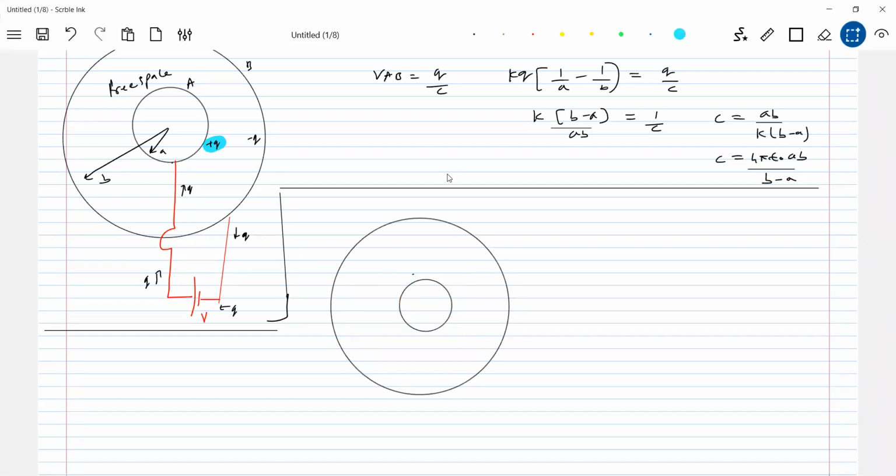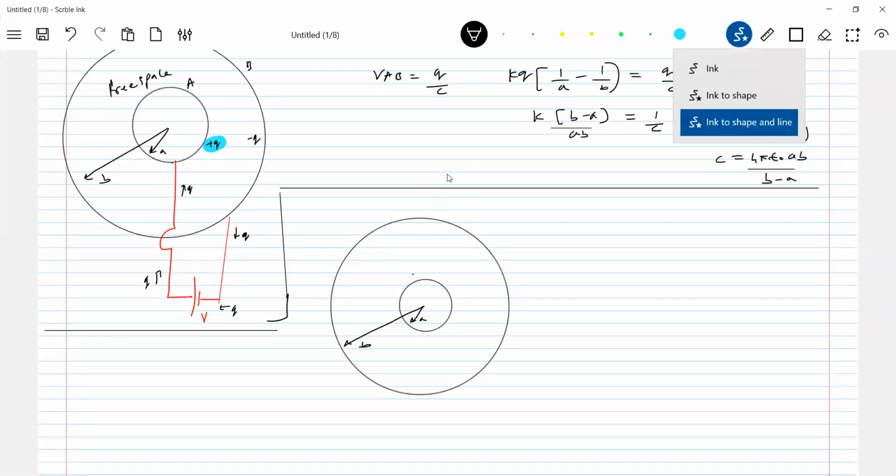Now we'll go for the medium between them, I'll fill up with a dielectric medium.